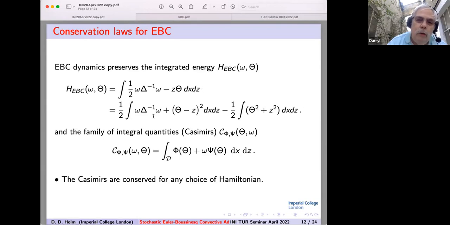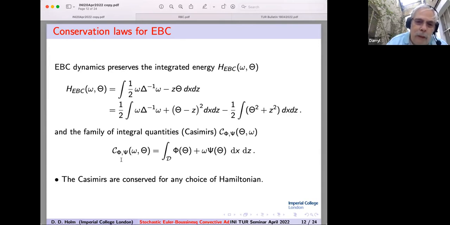But it turns out that you can write this as a sum of squares and then subtract something which is just a constant and doesn't affect the time rate of change of the energy. The z squared, of course, doesn't. But the interesting thing is theta squared doesn't either, because the integral of theta squared is also preserved.